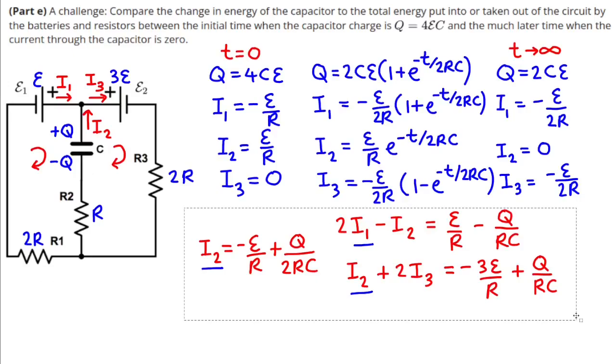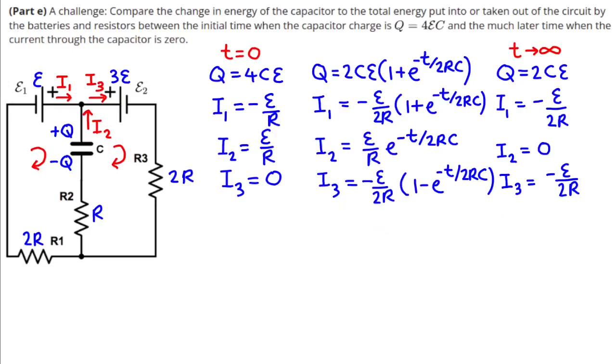So let's get rid of these equations, which we no longer need. So as we can see, at t equals 0, we get minus epsilon on 2R by 2, which gives minus epsilon on R. And as t goes to infinity, we get minus epsilon on 2R. And you can check the other currents in a similar way.